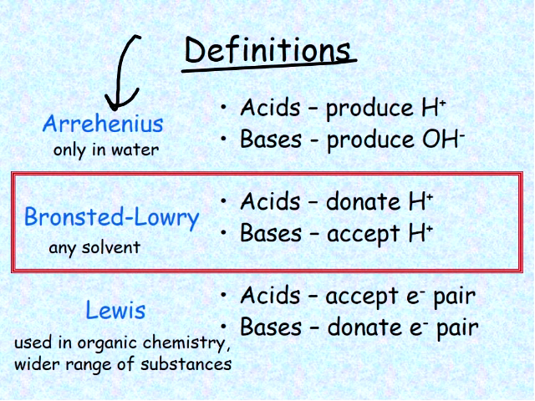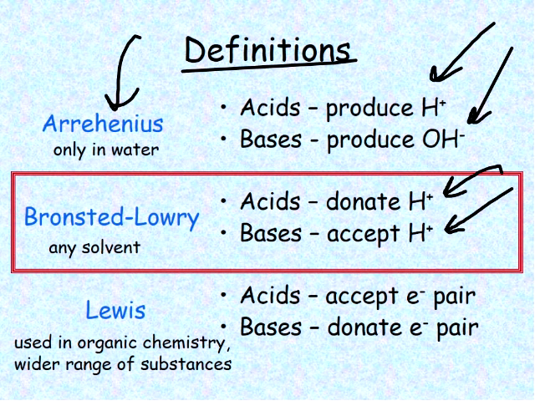For example, only in water, Arrhenius said it produces these right here, inside the solution. Bronsted-Lowry says that it will donate or accept H positives, very much the same kind of concept, just two different people in two different time periods trying to figure this out.